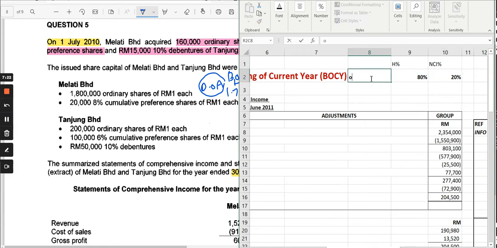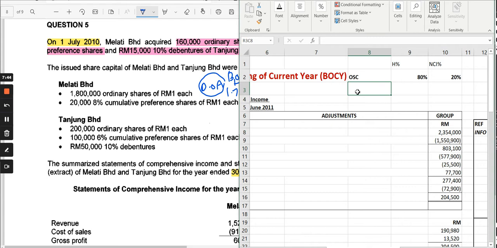This is for the ordinary shares. The question that I'm using, in case you are interested to have a copy of it, is from FAR300, March 2012, question 5.